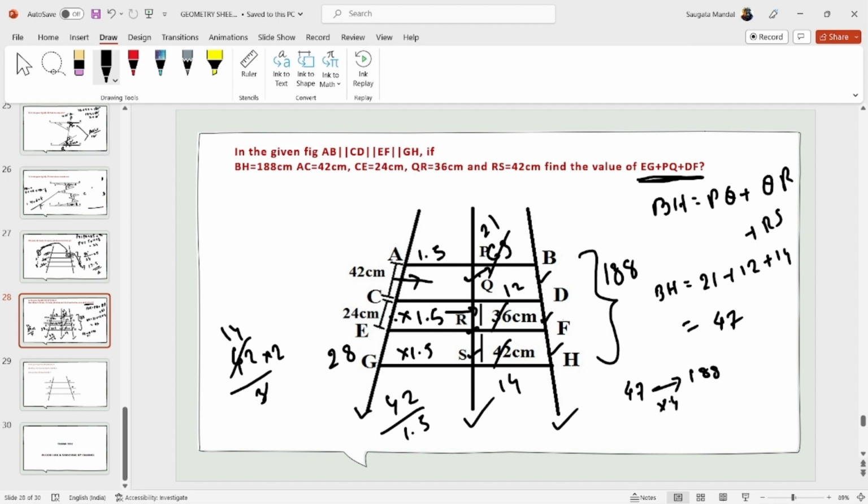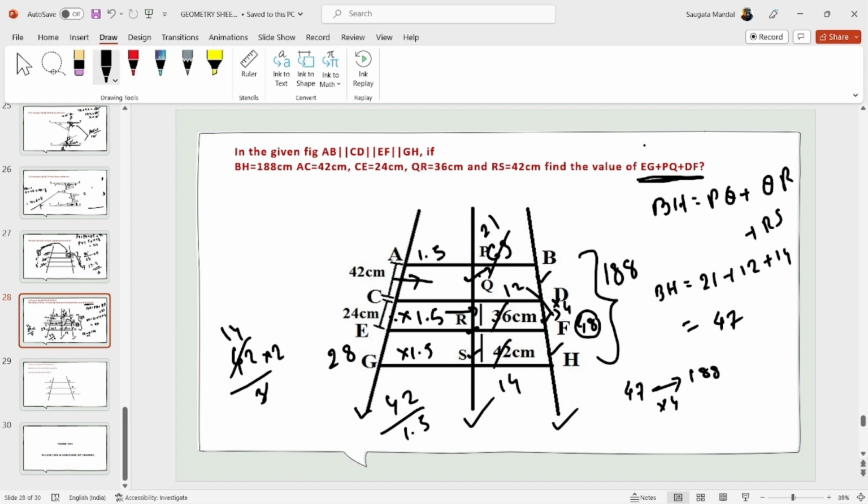That is 4 times. So DF is 4 times QR's ratio part. That means 12 multiplied by 4, that is 48.